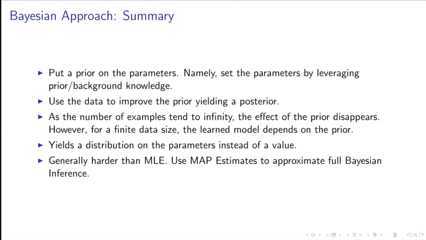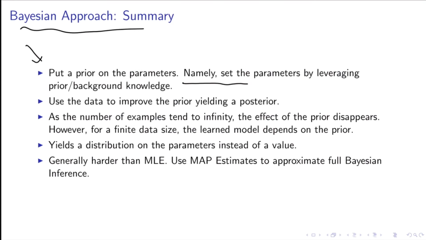So now let me summarize what we just discussed for learning Bayesian networks using the Bayesian approach. The idea in Bayesian learning is to put a prior on the parameters. The reason we are doing this is because we want to leverage prior as well as background knowledge that we may have about the domain.